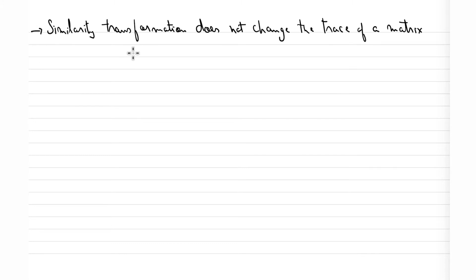So that means what we want to prove is that if A prime is equal to Q inverse AQ, then this is, I'm just writing the same statement mathematically, then trace of A should be equal to trace of A prime.